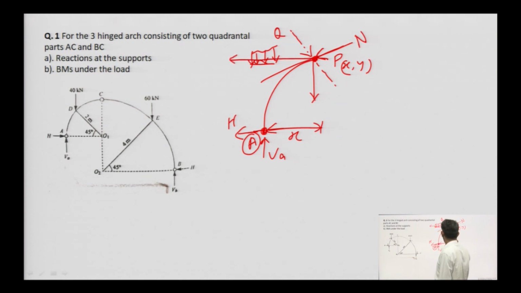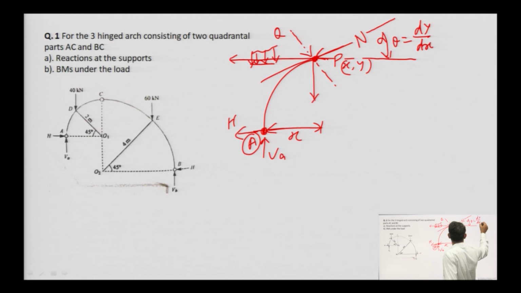This N can be resolved along the perpendicular axis, and what will be that angle? That angle theta will be what? It is dy by dx. It will be dy by dx at the known x, y, if this point is P.